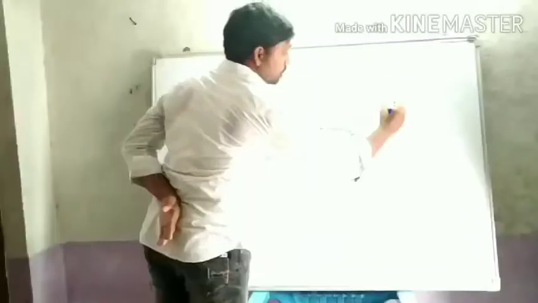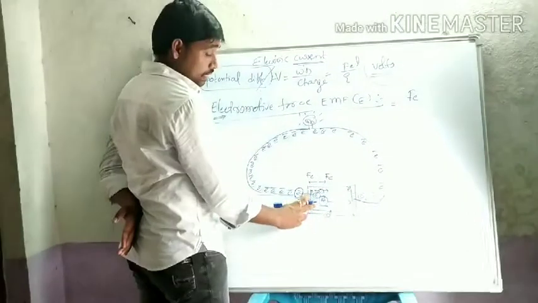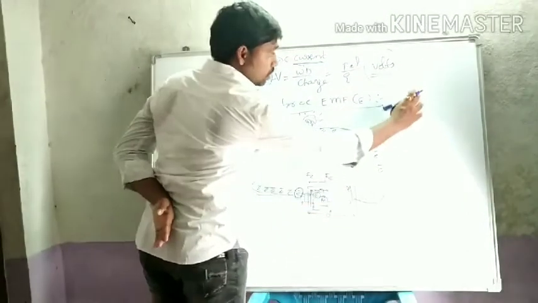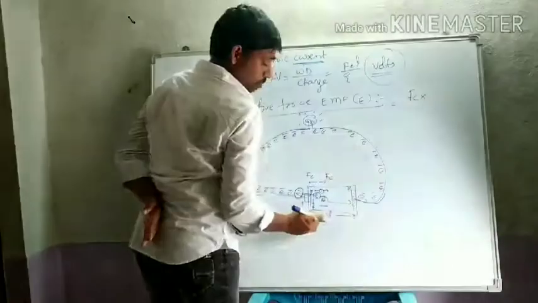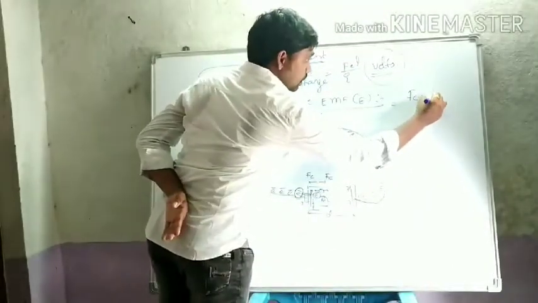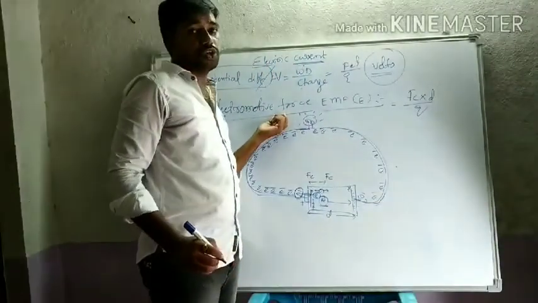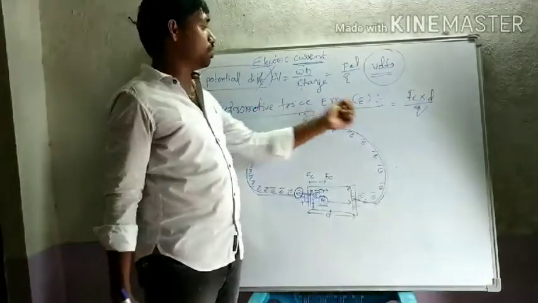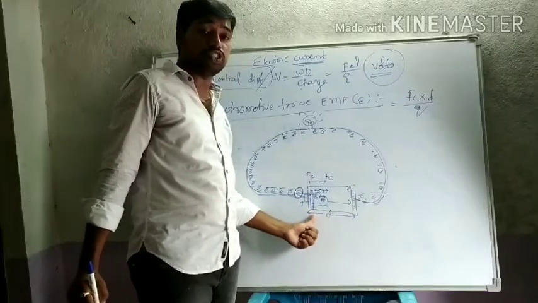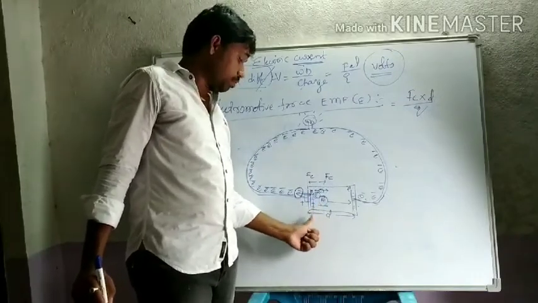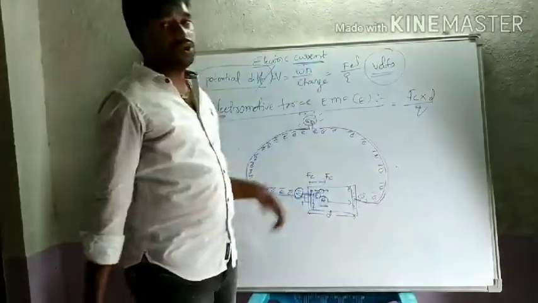The practical definition is that the work done by the chemical force to move a charge through a distance per unit charge is nothing but electromotive force. So electromotive force is the work done by the chemical force on a unit positive charge moving from the positive terminal to the negative terminal.